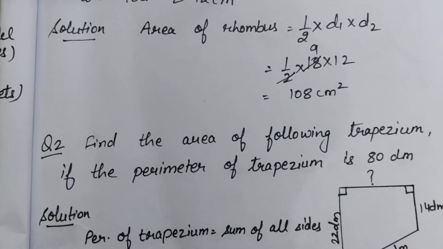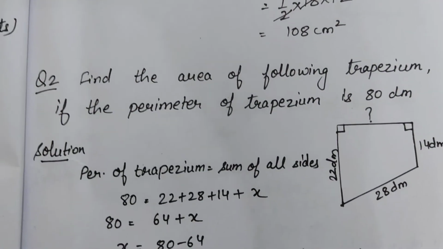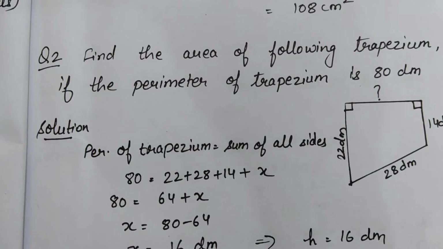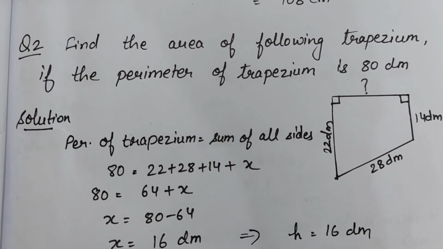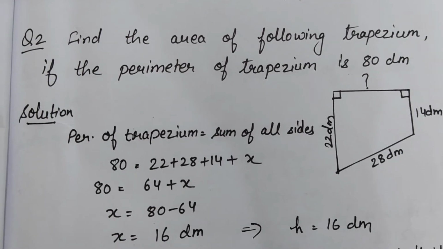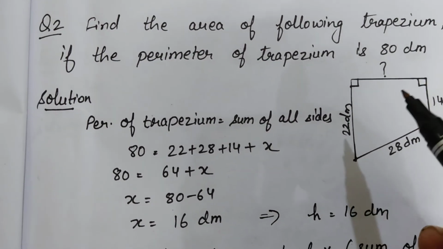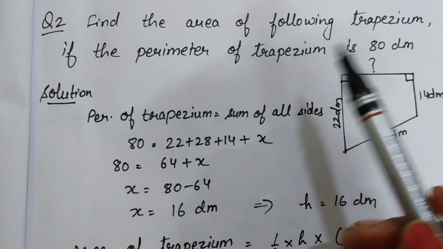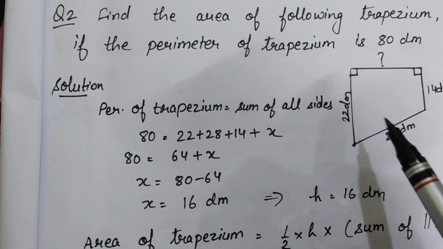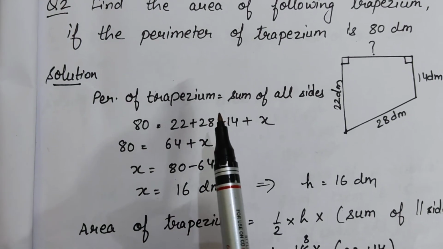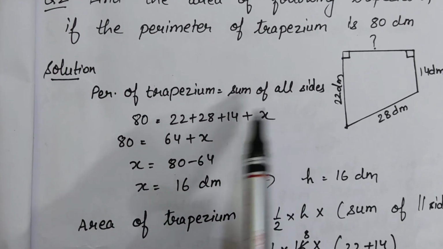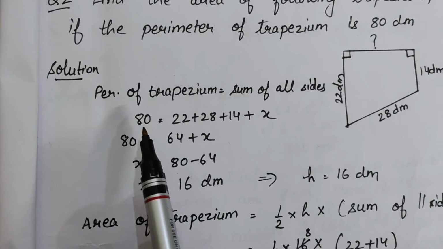Now second question is, find the area of the following trapezium if the perimeter of trapezium is 80 dm. So first of all, we have to find out the height from the perimeter. Okay, so from the perimeter we will find the height. Perimeter of trapezium is equal to sum of all sides. Perimeter is 80, given in the question.